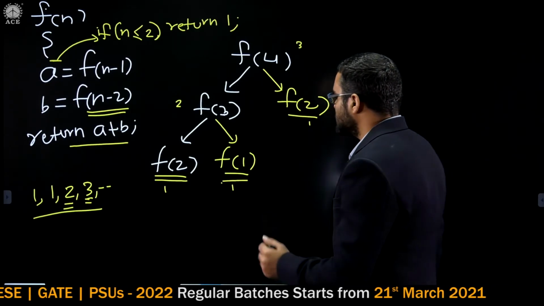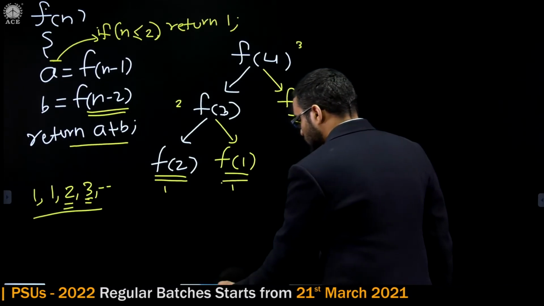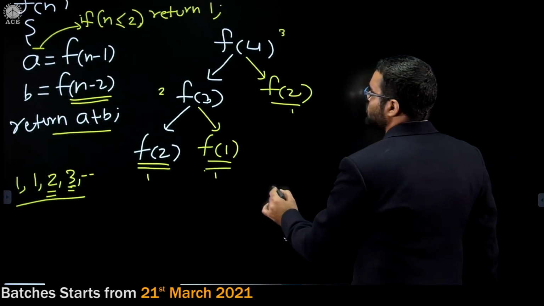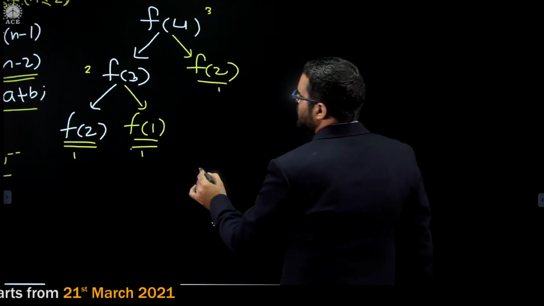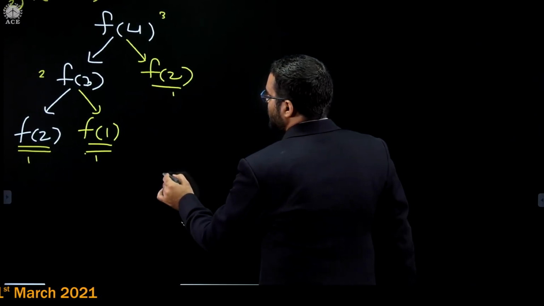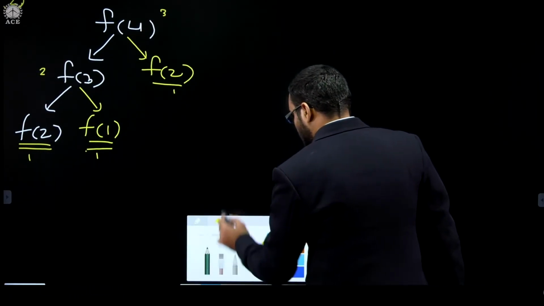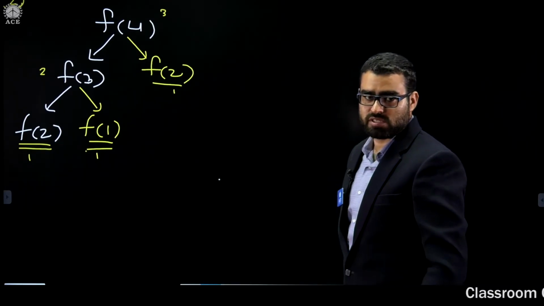Now in this activation tree, we can see a few things. Let's focus only on this f4 activation tree. What is the order of function calls?